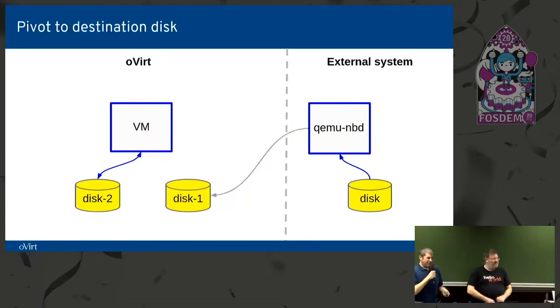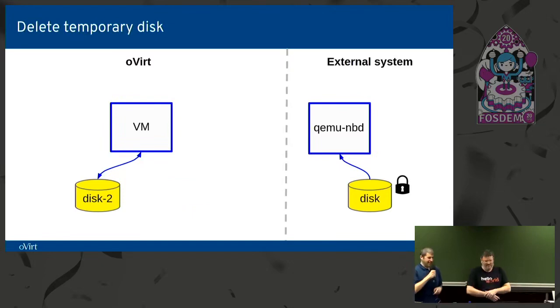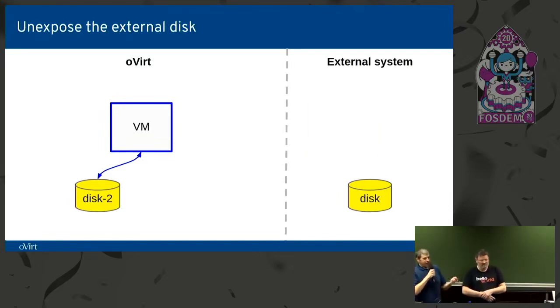Next step, we simply pivot to the destination disk, and then the VM can use the new disk with minimal downtime, like 20 seconds. And next, just for cleanup, delete the temporary disk in Overt. Next, unexpose the external disk, since we exposed it earlier with QEMU NBD.